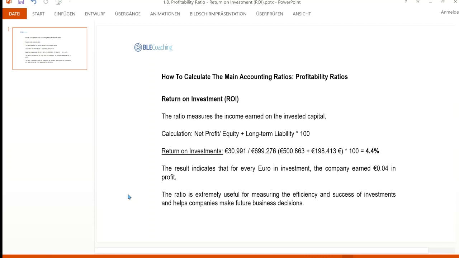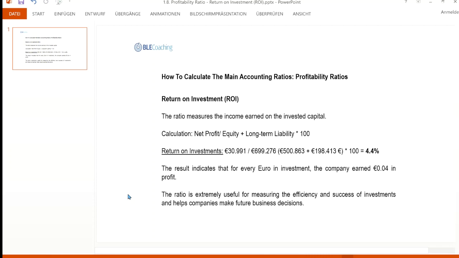So in our financial statement, the return on investment, net profit was 30,991 divided by 699,276 multiplied by 100 to give you 4.4%.